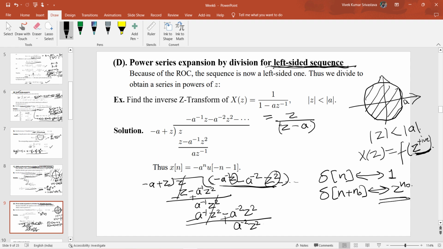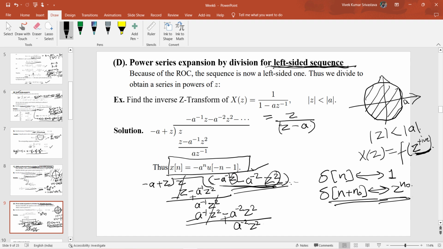By using this property we can easily determine the inverse Z transform, and once you apply this, you will get the final result as minus a raised to the power n u of minus n minus 1.